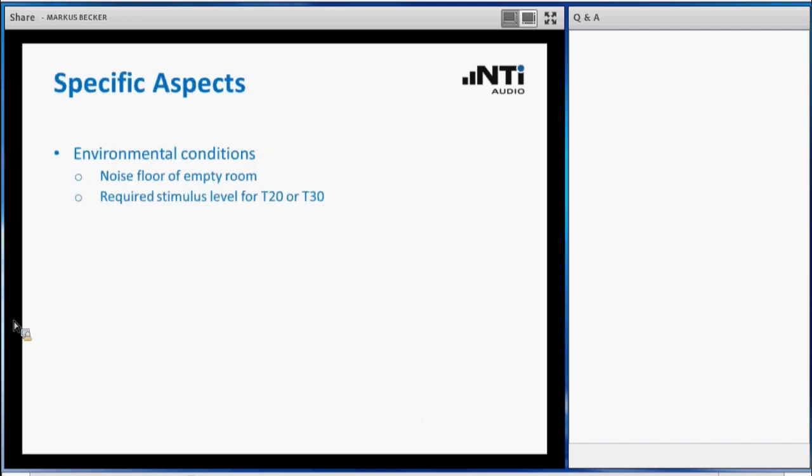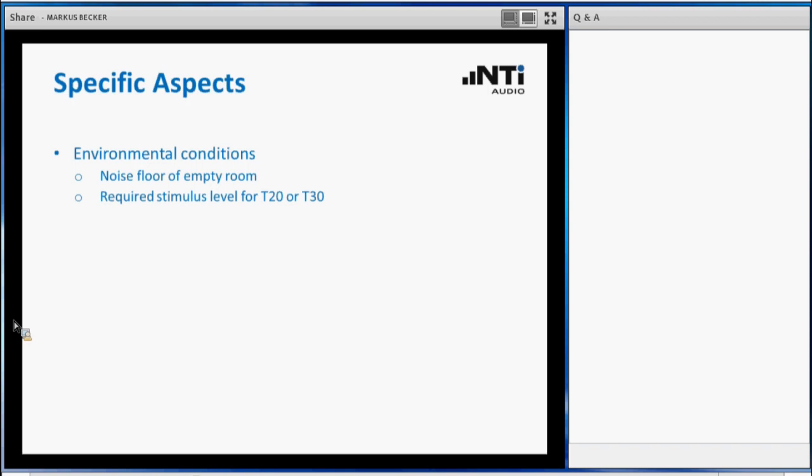Some specific aspects of RT60 measurements: you have to obey the environmental conditions, the noise floor of the room. The standard 3382 requires that maximum two persons are present in the room when you execute a precision measurement.